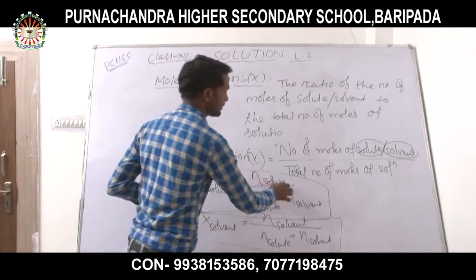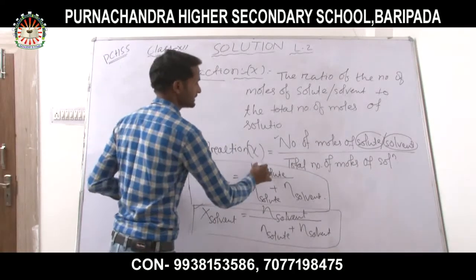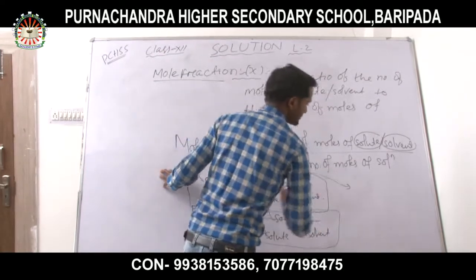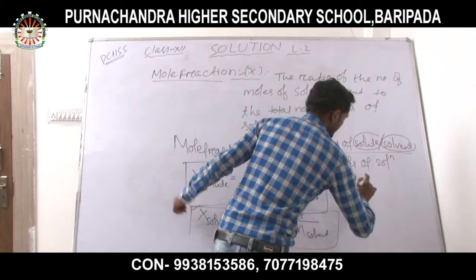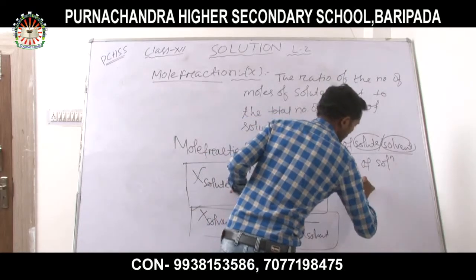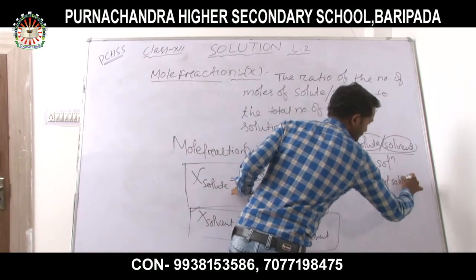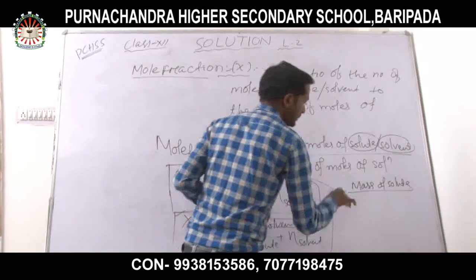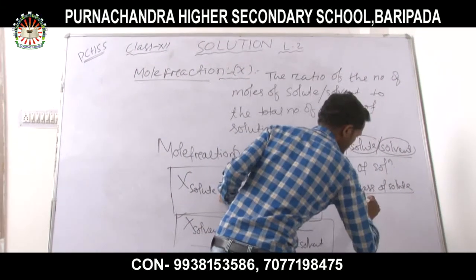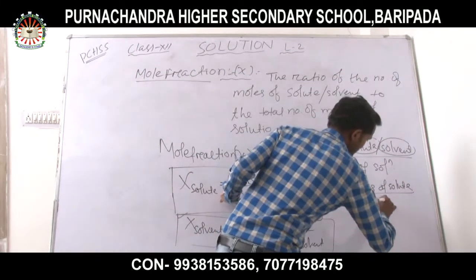So how can you calculate the number of moles of solute? That is the amount or mass of solute divided by the molecular mass of solute, also called the molar mass of solute.